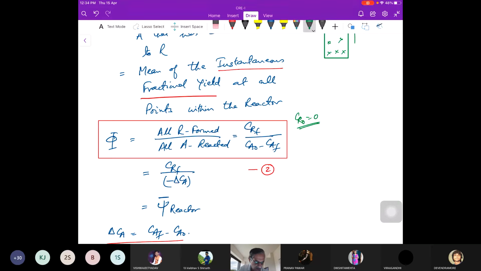Okay, and that is why we write this with a bar, that is the mean. So phi is nothing but the mean of instantaneous fractional yield: if we take the mean of the instantaneous yield at different points in the reactor, we should get phi, the overall fractional yield.